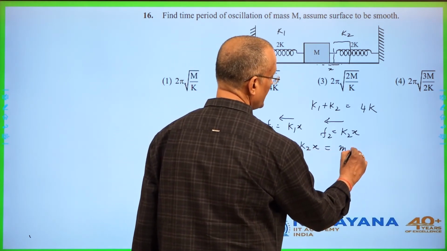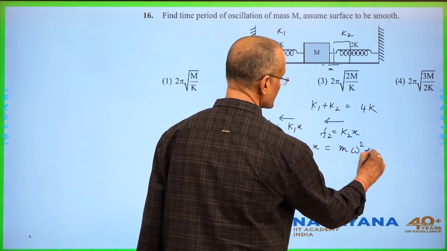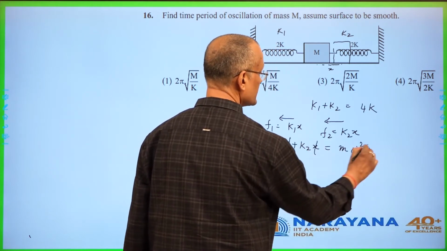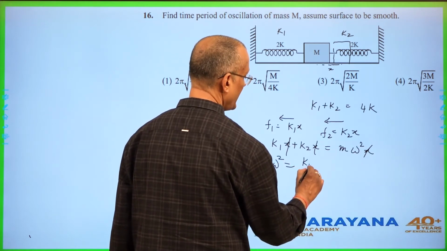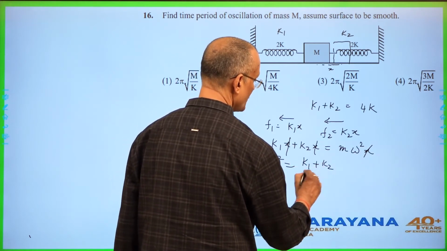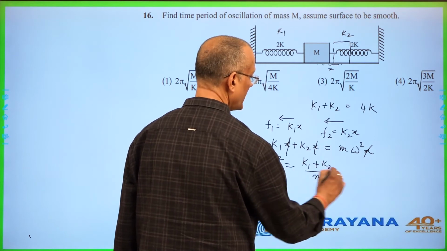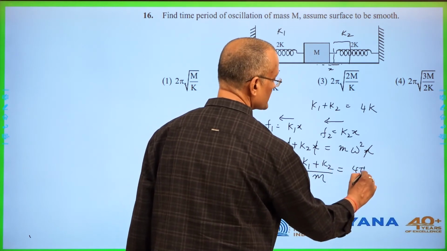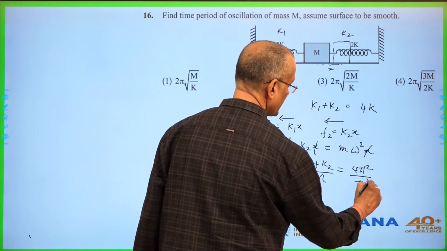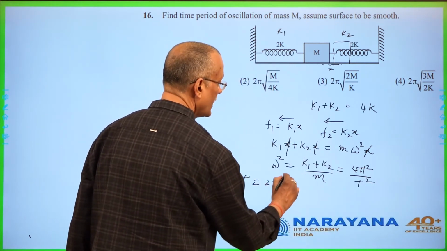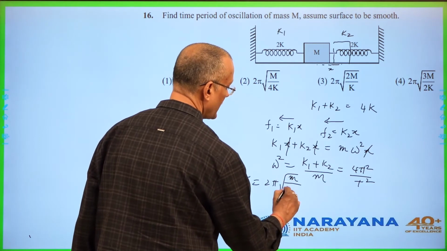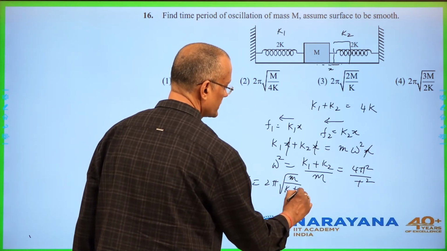This will become m omega square x. x is cancelled, omega square will be K1 plus K2 by m. Omega square is 4 pi square by T square. T will become 2 pi under root m by K1 plus K2.